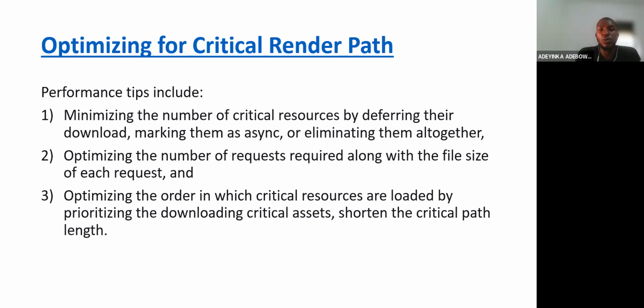Then the last thing I would like to mention in this optimization tip is to optimize the order in which your critical resources are loaded, by prioritizing the downloading of critical assets and shortening the critical path length. Like I said in my previous explanation of the critical render path, the first thing that gets loaded in your page is HTML. Then your browser loads the CSS and the JavaScript.